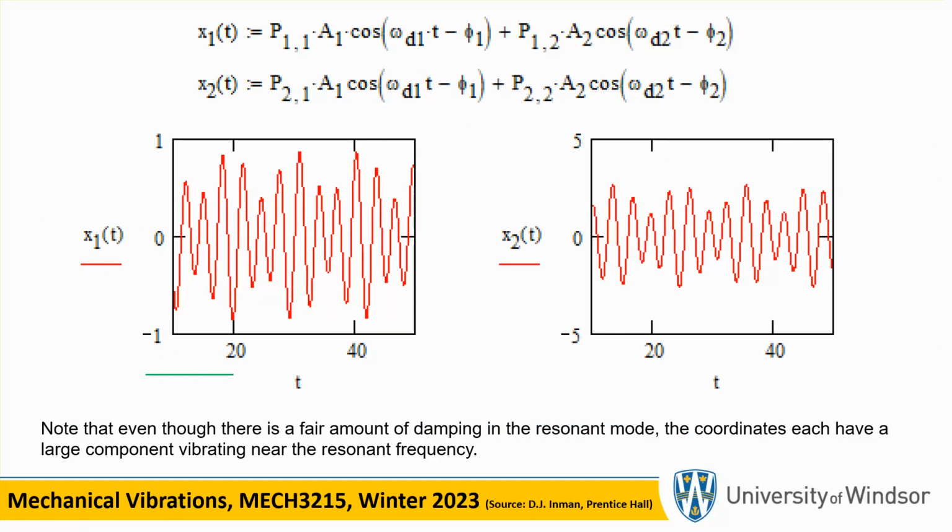Yeah, so the last item that we want to discuss today is to show you that one has to be careful about dealing with resonance in a two-degree of freedom system or in general a multi-degree of freedom system.